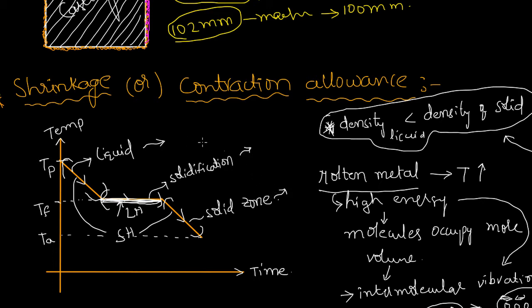So for both of these we cannot provide pattern, right? These two things can be maintained by riser design. And this solid zone, our main intention, for this solid zone we provide pattern.